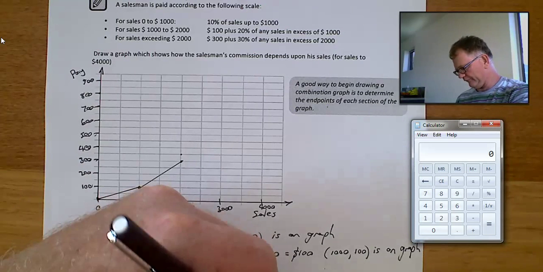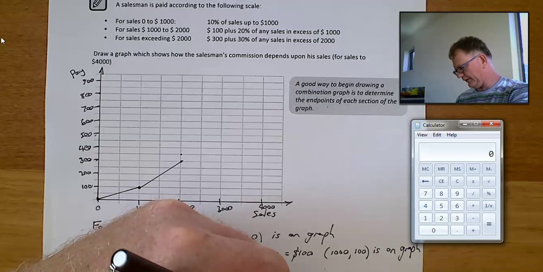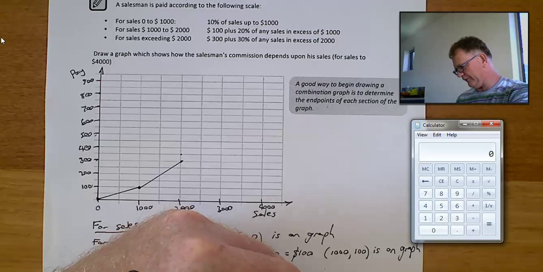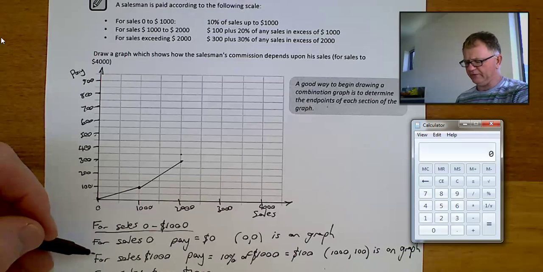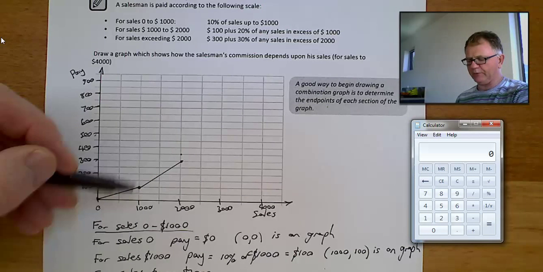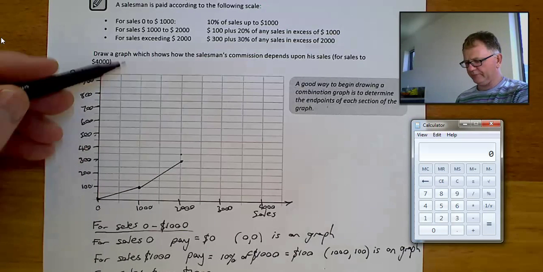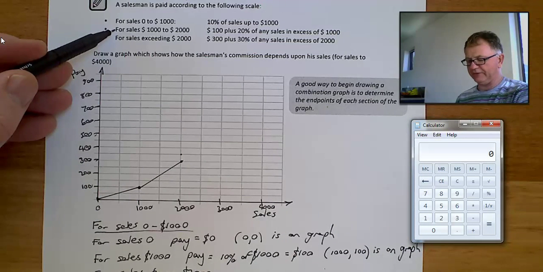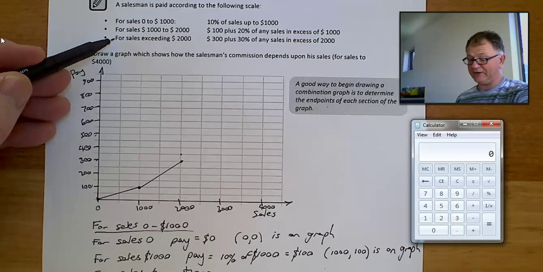The point 2,300 is on the graph. We already knew that though, because we'd already known that the last section finished at that point. So the second section finished at that point, the third section starts at that point. So we're doing a little bit of work twice here.